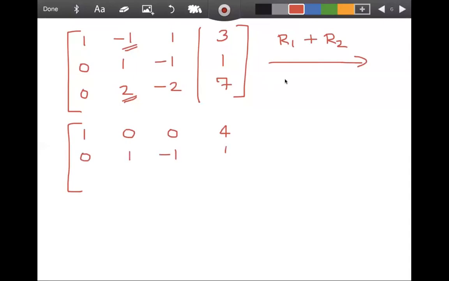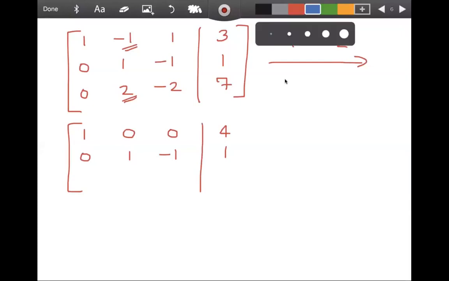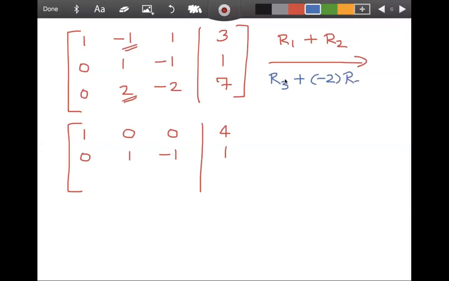And now let's talk about row 3. We need to get rid of a 2, so we're going to change row 3 by adding to it -2 times row 2. So this plus -2 times this. 0 plus -2 times 0 is 0. 2 plus -2 times 1 is 0.